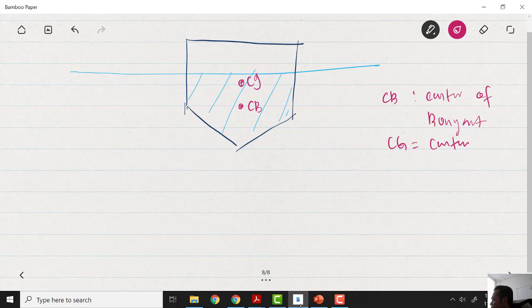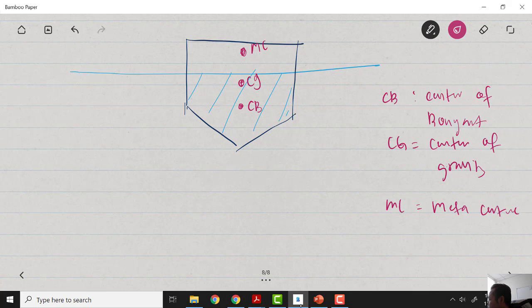Above that we have MC. MC means the metacenter.